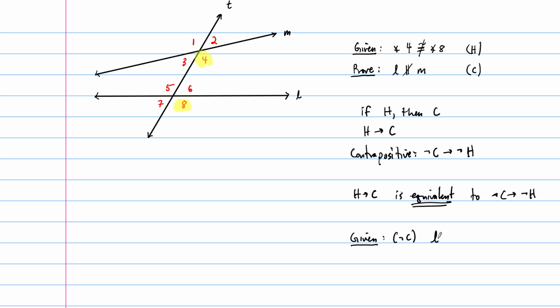So the given is that L is parallel to M. And the prove, the new conclusion, is going to be the negation of the old hypothesis, so not H. If you're not not congruent, then you are congruent. So angle 4 should be congruent to angle 8.